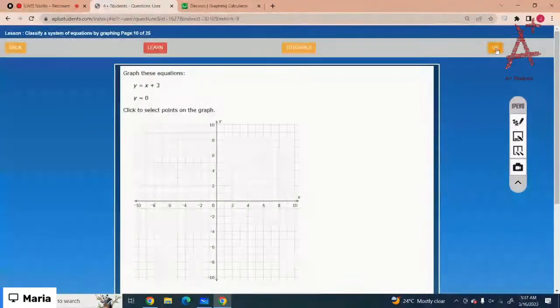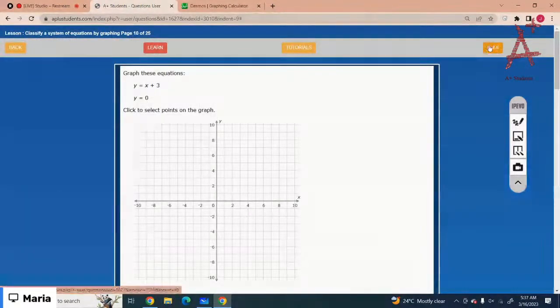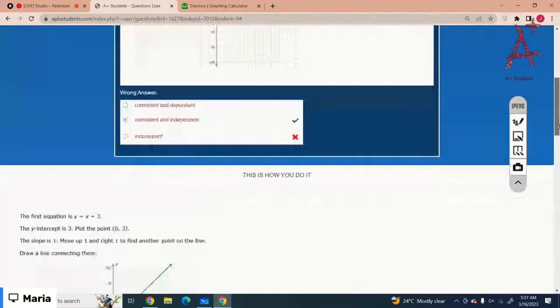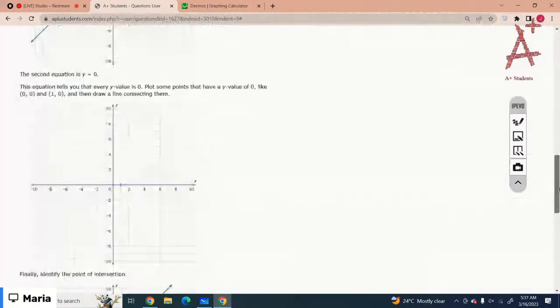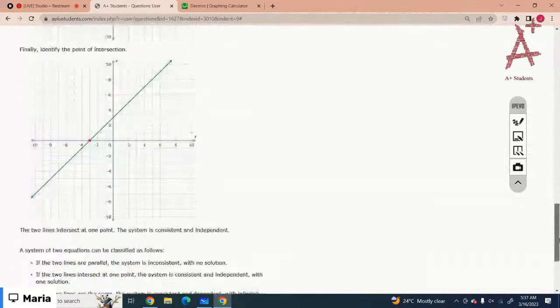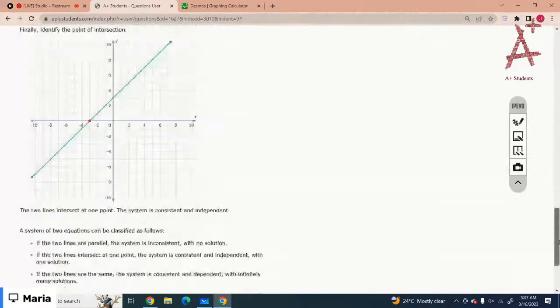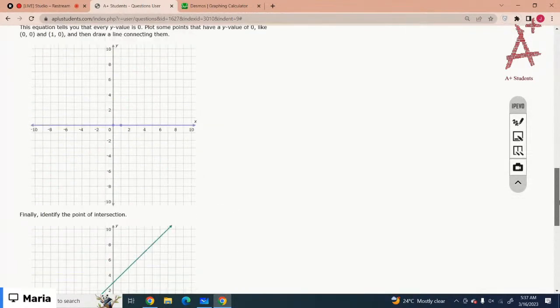Got it? Consistent. The two lines intersect at one point. That means the system is consistent and independent.